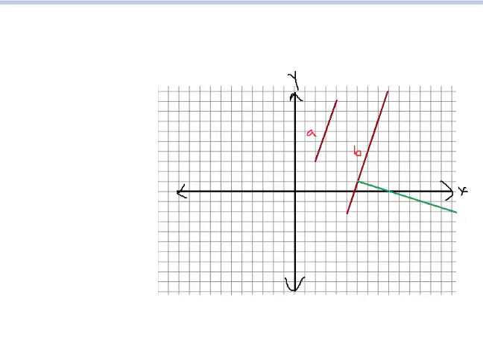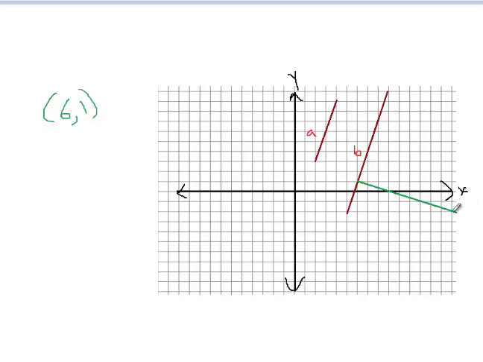Okay. Now, what is the slope of this line? Let's figure it out. Let's take 2 points on it. Let's take this endpoint, which is point 6, 1.